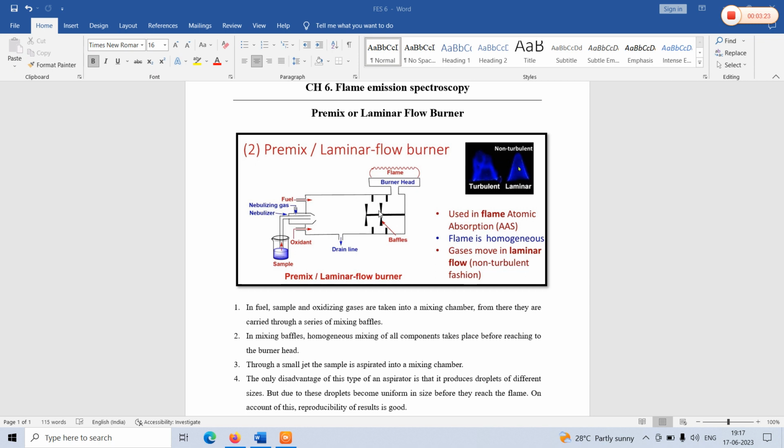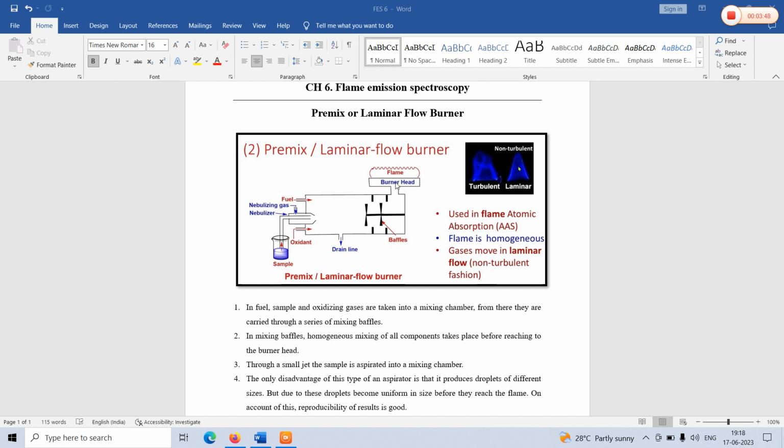So here gas molecules of uniform size are formed, and this uniform size is very useful. The second point is that in the mixing baffles homogeneous mixing of all components, fuel, oxidant and sample, takes place before reaching the burner head.